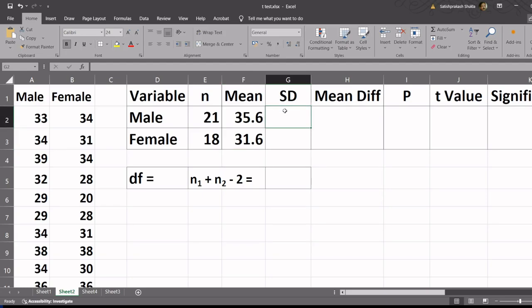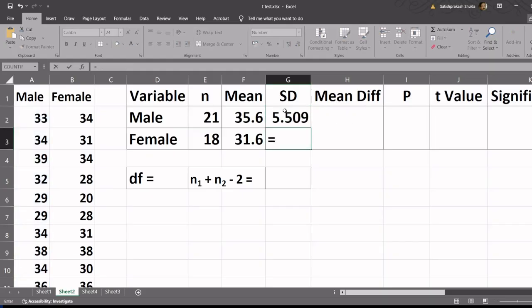Now, standard deviation of male teachers equals to STDEV. This is function of standard deviation, equal sign STDEV and then data range A2 to A22, bracket over and enter key.